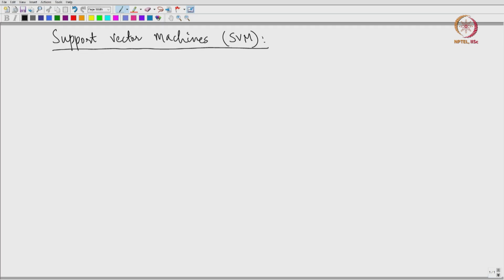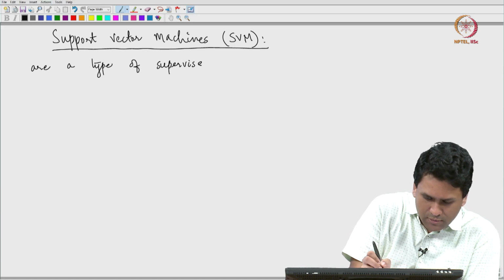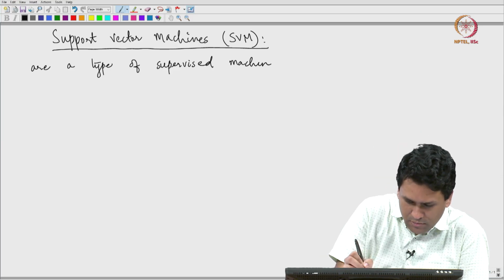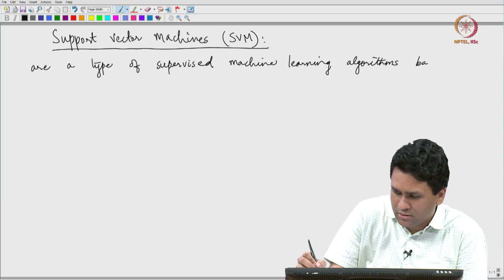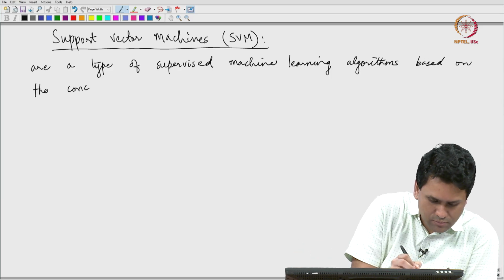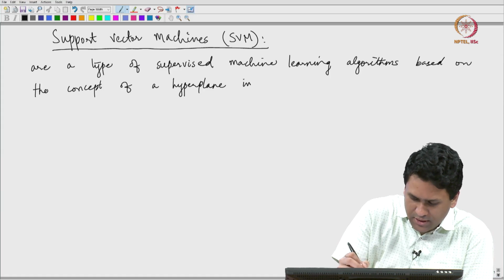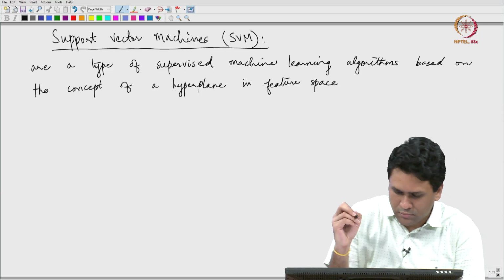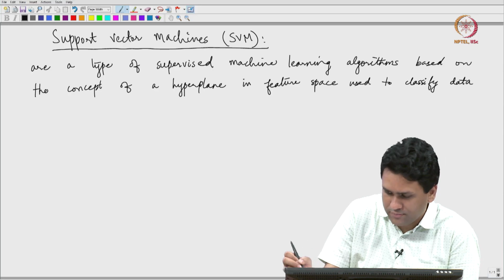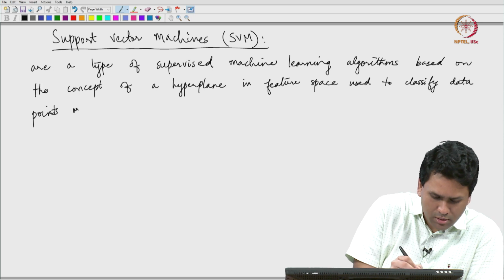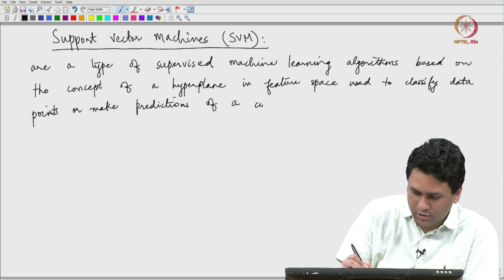Support vector machines are a type of supervised machine learning algorithm based on the concept of a hyperplane in feature space, used to classify data points or make predictions of a continuous target variable.